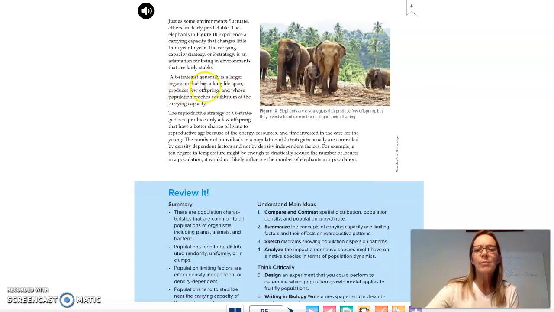They produce fewer, whereas r strategists, bunny rabbits, produce a lot and produce quickly. Mice, they produce a lot, they produce quickly. K strategists don't produce a lot. They have 1 or 2 offspring at each birth. They may have 3 or 4, but they're still not having a ton of offspring.